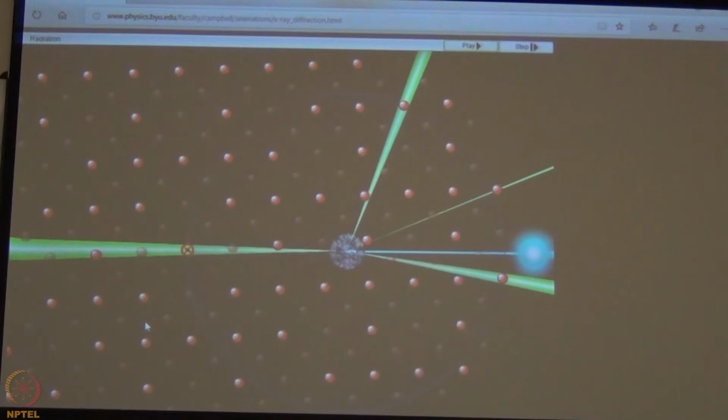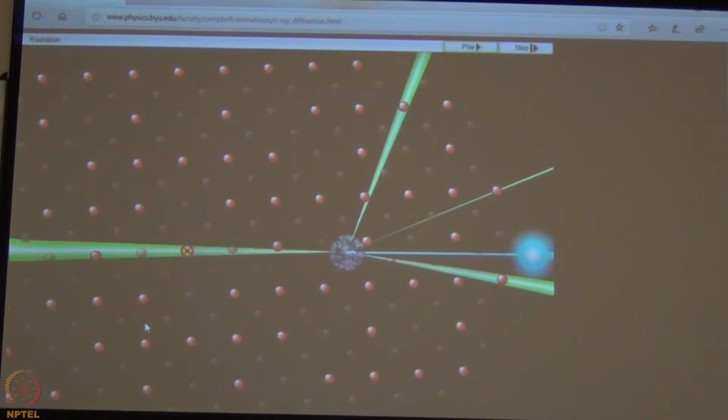So what we do is we use a beam stop, a piece of lead, to stop the direct beam from falling on the detector, because the direct beam is very intense. The detector is sometimes placed in such a way that the direct beam can hit it. So we place a very small piece of lead just behind the crystal to stop anything going straight. So that is why there is a cross.